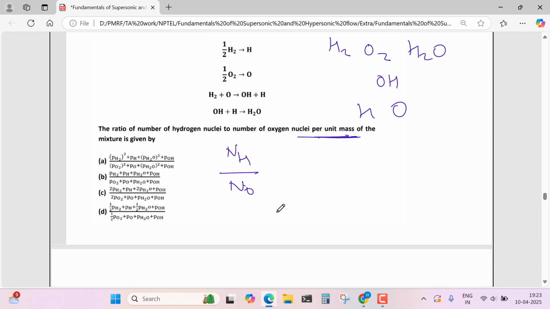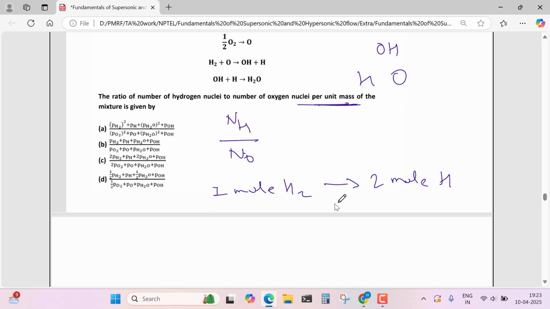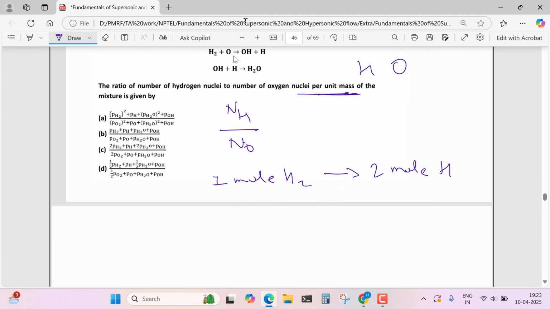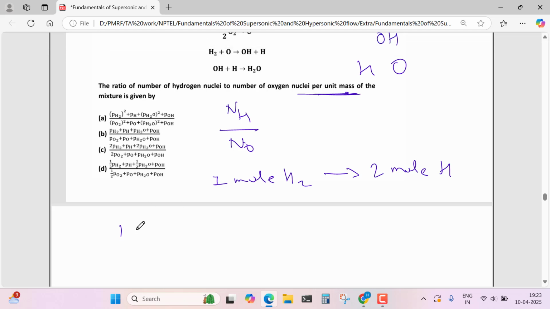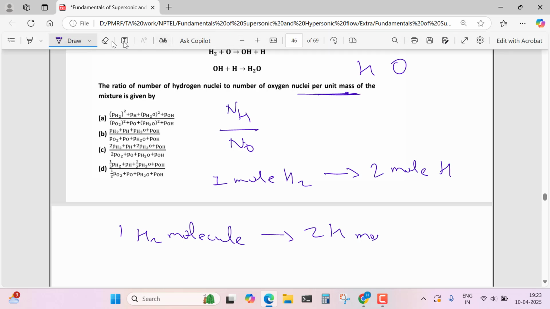So one thing to know is that 1 mole of H2 will give 2 moles of H. Or you can say that 1 H2 molecule will have 2 H nuclei.